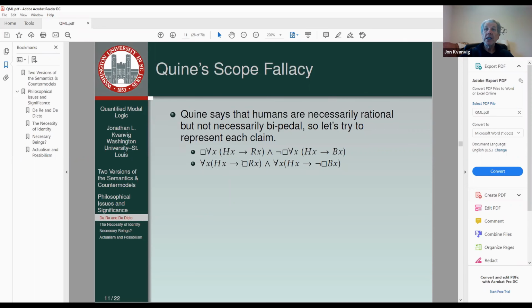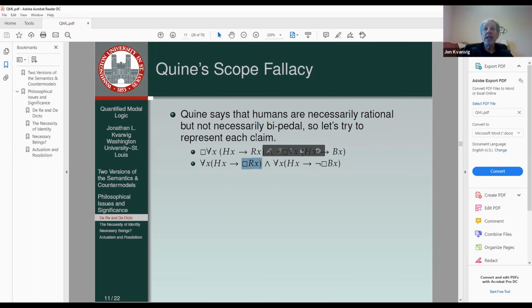So the necessity of the consequent is that reading, the de re reading. The necessity of the consequence is where you have a box governing a consequence relation, the arrow. So the top one is the necessity of the consequence. The bottom one is the necessity of the consequent.